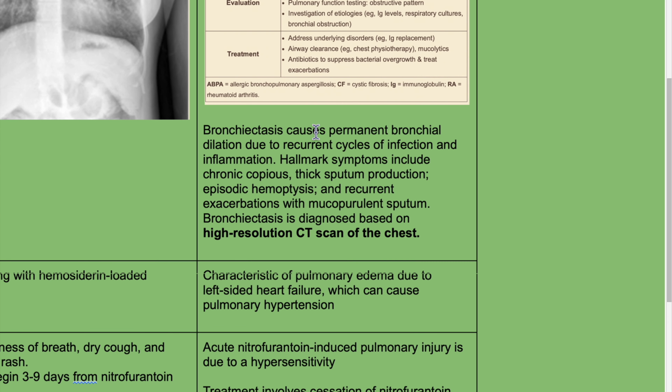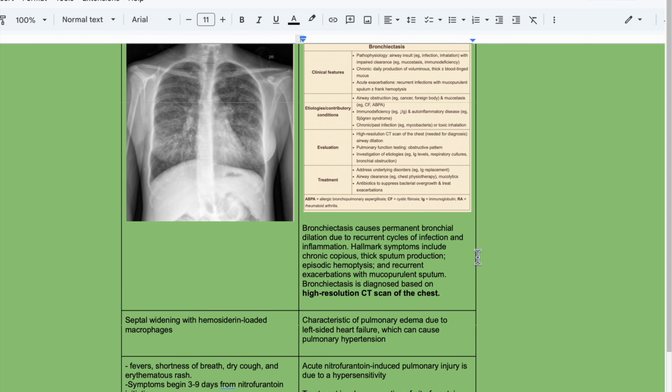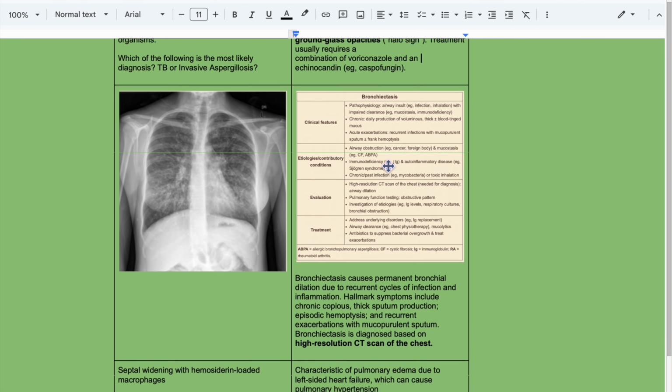Hallmark symptoms include chronic copious thick sputum production, episodic hemoptysis, and recurrent exacerbation with mucopurulent sputum. Bronchiectasis is diagnosed based on high resolution CT scan of the chest. Okay. Actually, let's go through it. It is important.